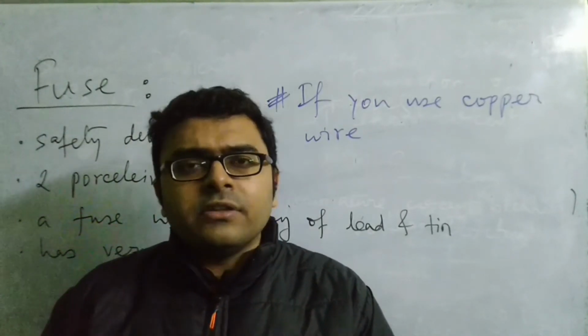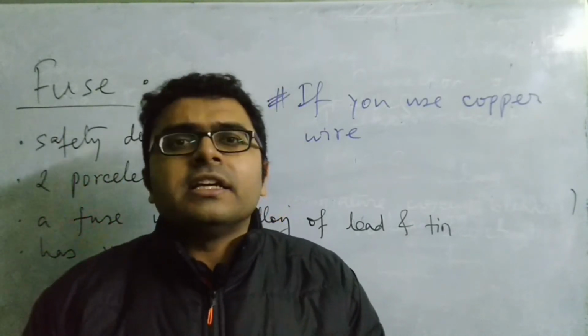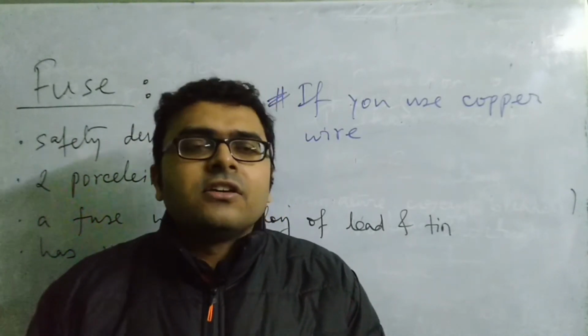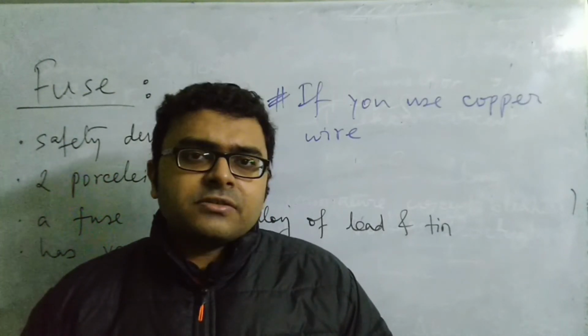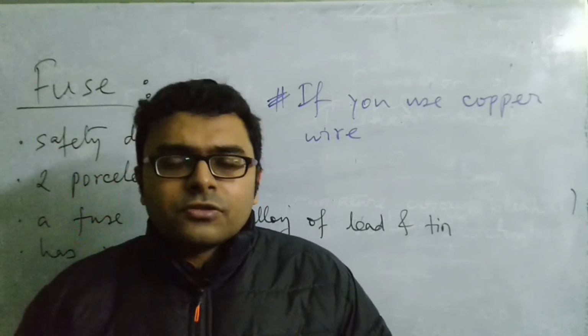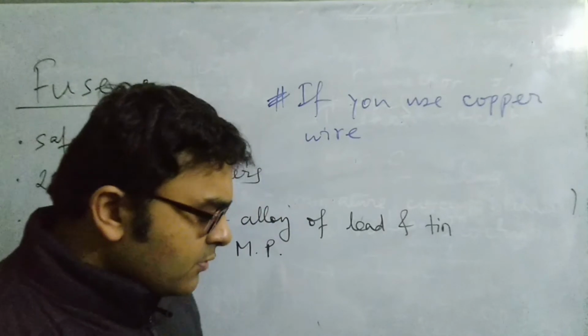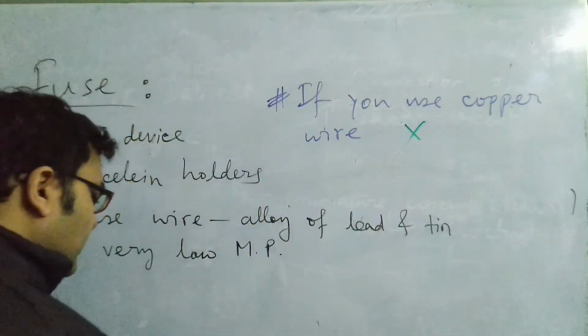The high current will flow easily through the fuse and it will reach your device. As a result, it will damage your device, isn't it? So what's the use of the fuse? Then just placing the fuse in the circuit has obviously no use. So that is why we should not use this copper wire. Okay, fine.